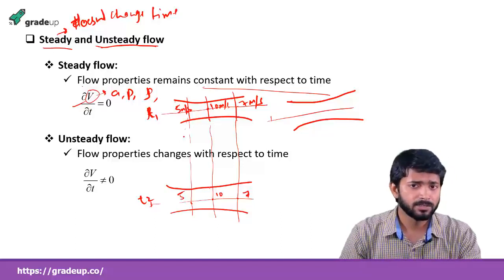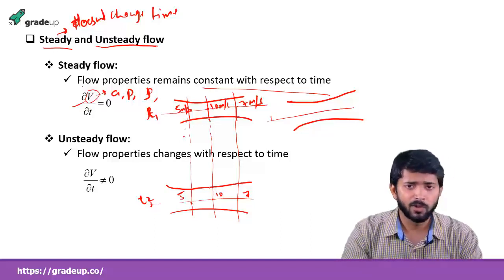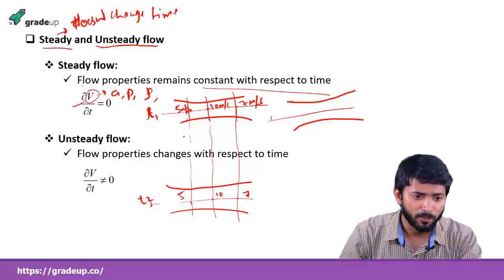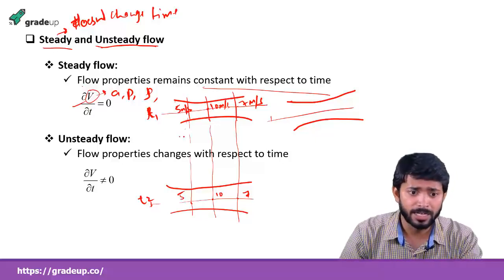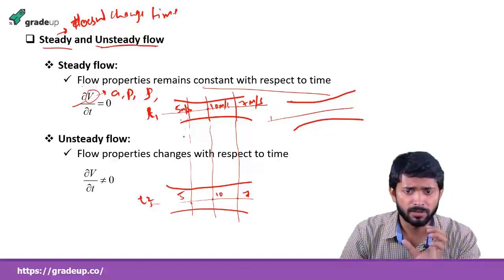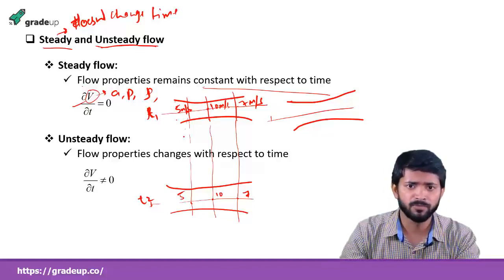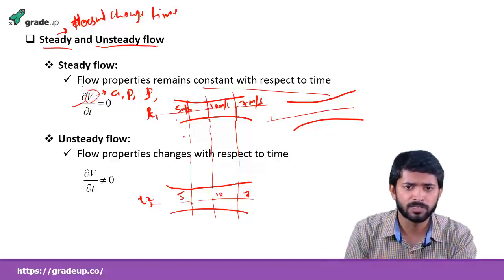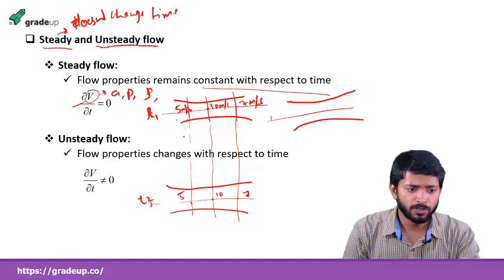That means time has changed but the velocity hasn't. This type of flow is known as steady flow. Here the velocity magnitude may vary as it goes from one section to another, but it will not change with respect to time.